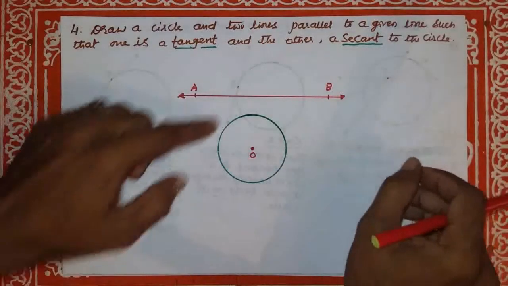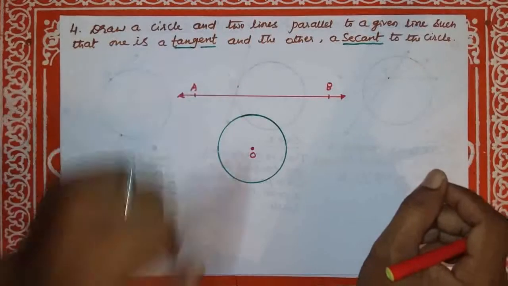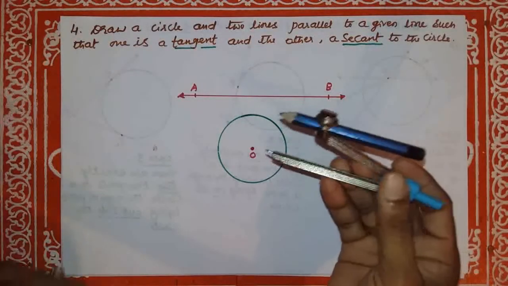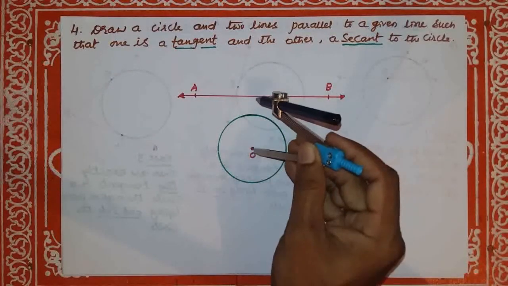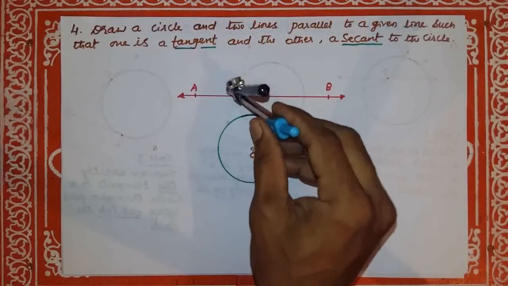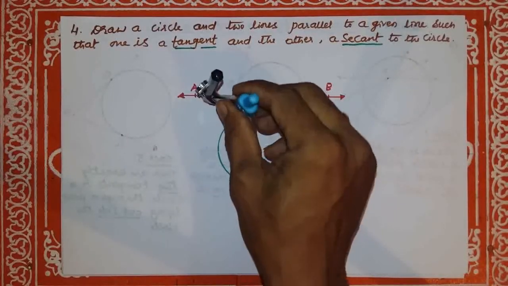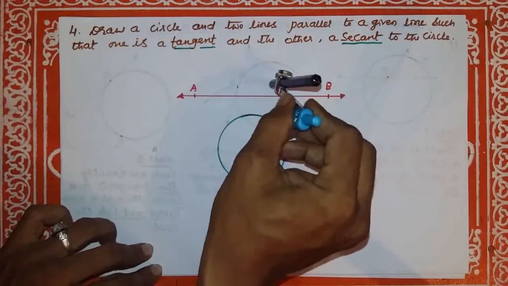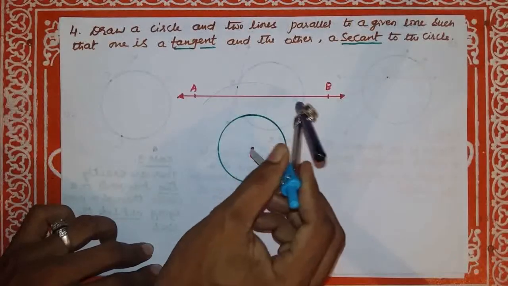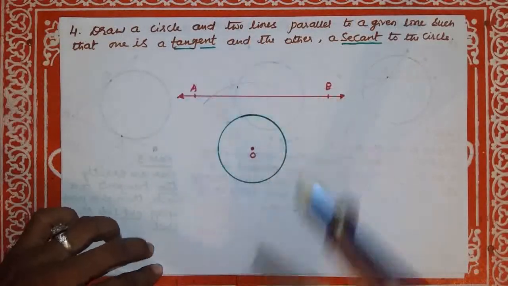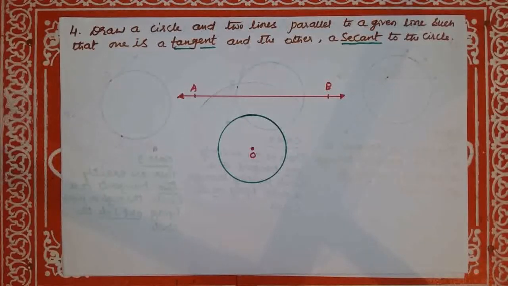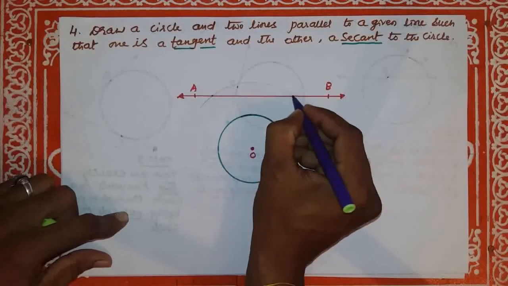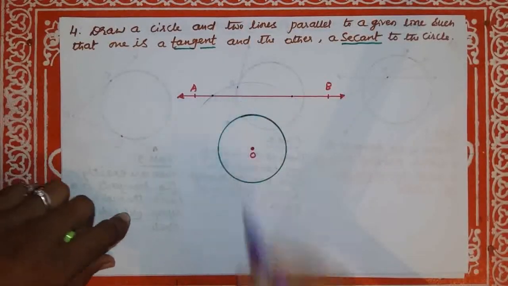We need to draw a perpendicular from O to this line. Let us see how. Dear students, using a compass with O as center, I will cut an arc on line AB, and I get two points, one here and one here.